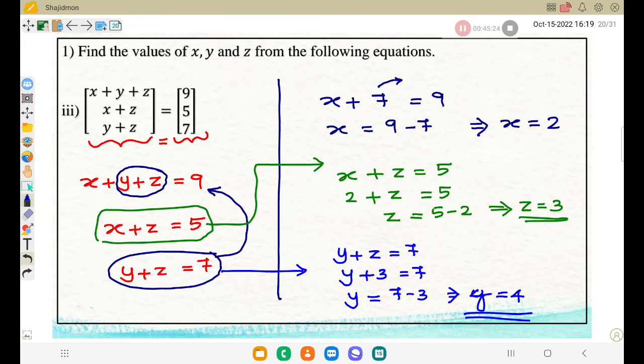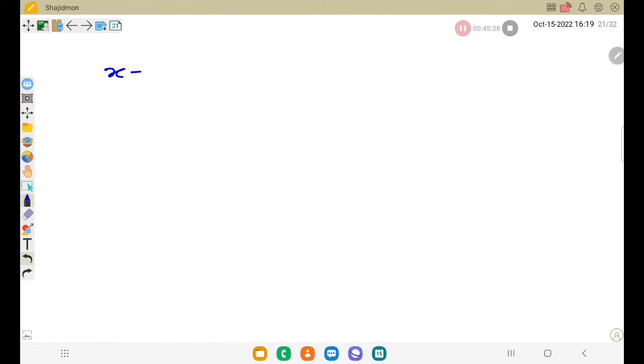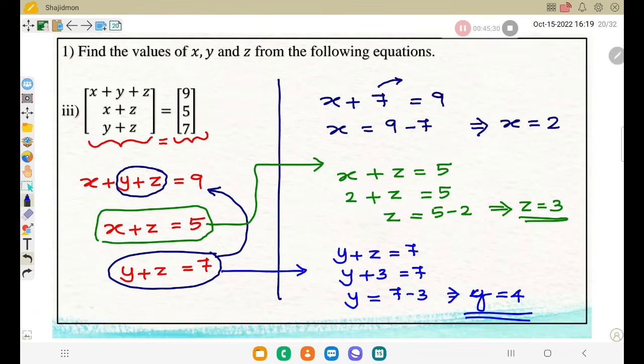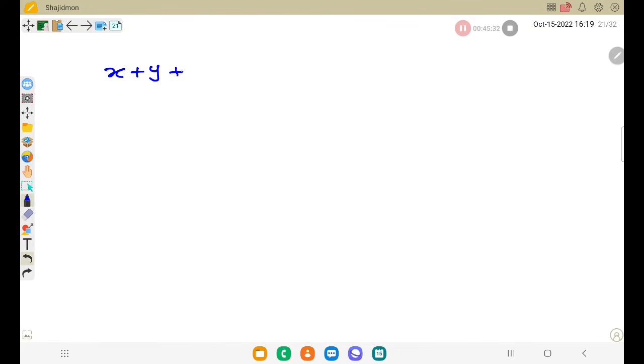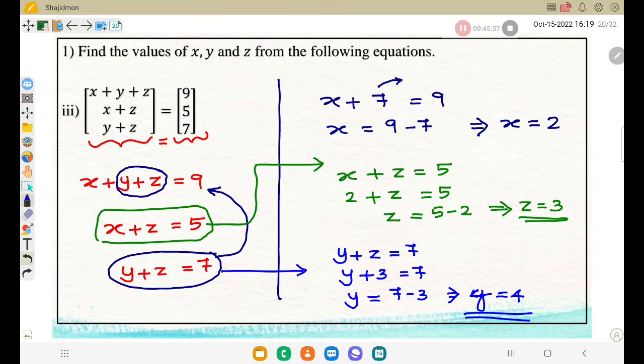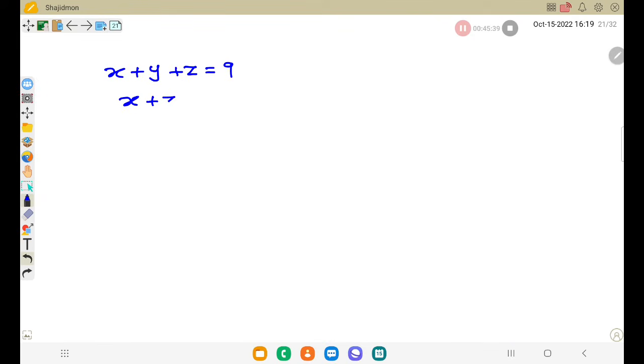The same question we can do by calculator. I will show here. That means x plus y plus z equal to 9, and x plus z equal to 5, and y plus z equal to 7. See, the same question without simplification, directly we will get on the calculator also.